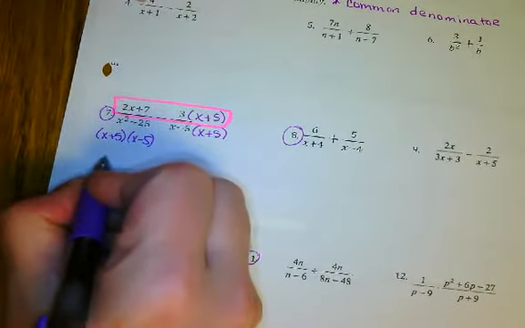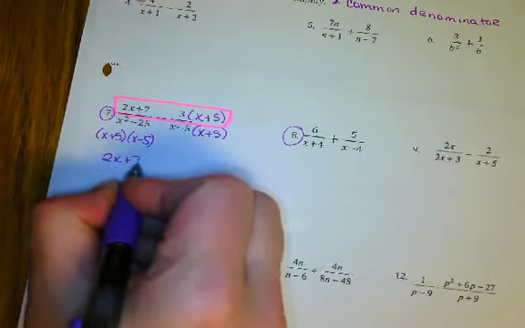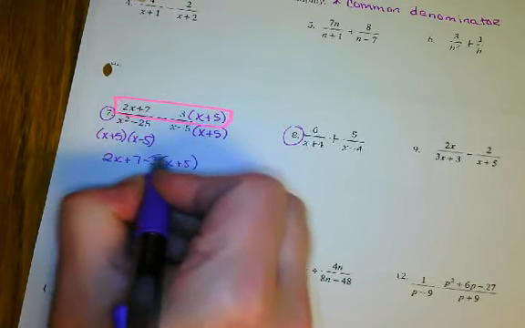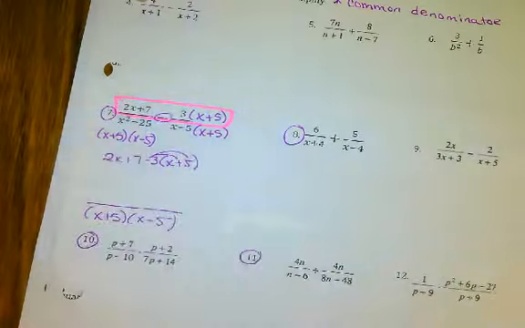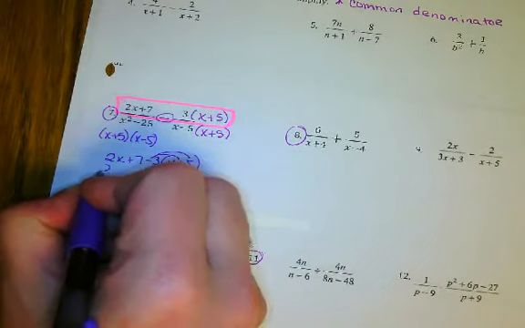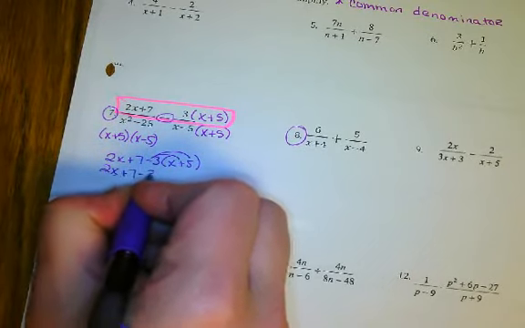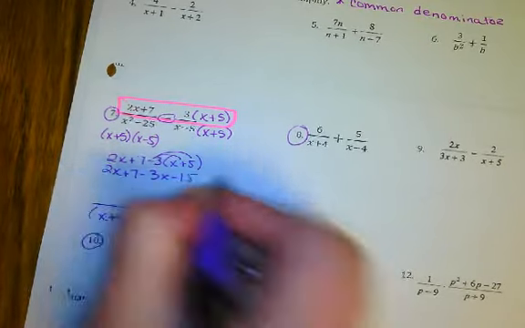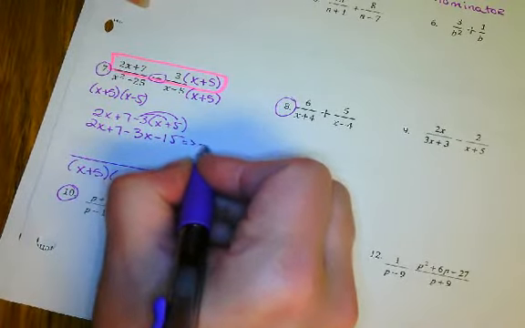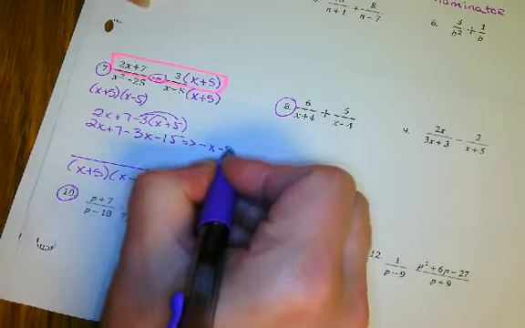Okay, so what I have is 2x plus 7 minus 3 times x plus 5. Got to make sure I distribute, and that's probably one of the most important things about that negative, making sure that you just distribute it. So that gives me 2x plus 7 minus 3x minus 15. And if I go a little bit further, I get negative x minus 8.